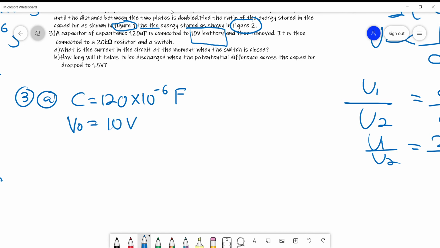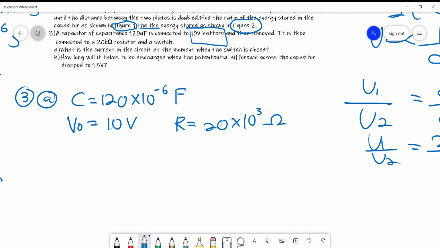It is then connected to a 20 kilo ohm resistor and a switch. From this statement, I can know that initially the capacitor is charging.